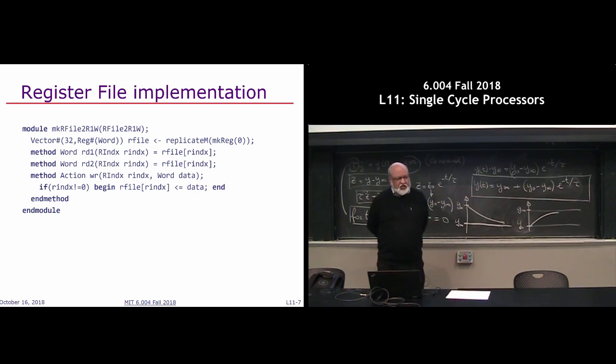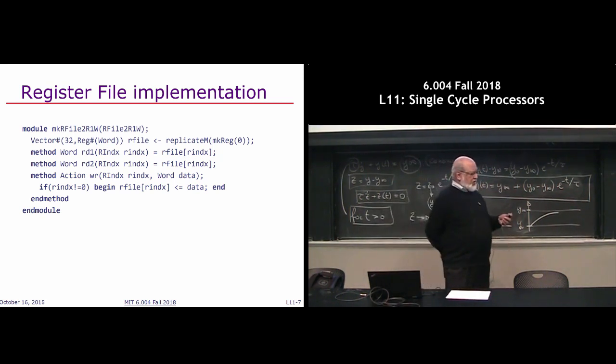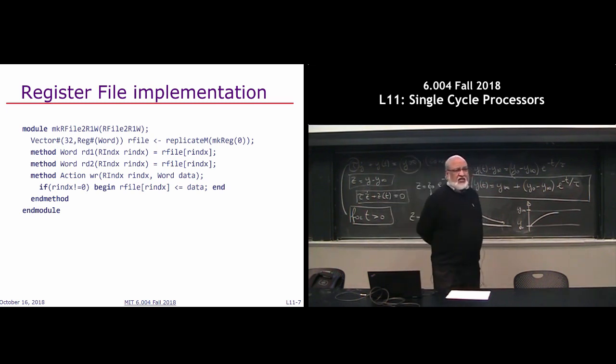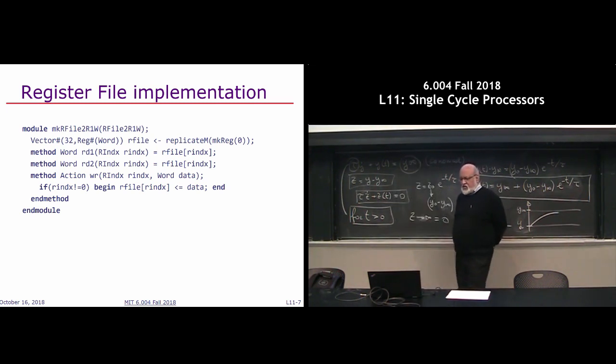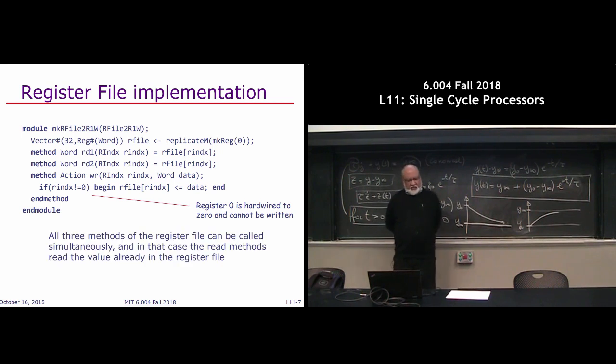If you're trying to write into register 0, then we don't do anything. We ignore it. Otherwise, we just go and write the data you have given me, and that's what is shown here, right? So you're writing the data into this register file, but this is preventing you from writing into register number 0, which always contains a 0. So register 0 is hardwired to 0 and cannot be overwritten.